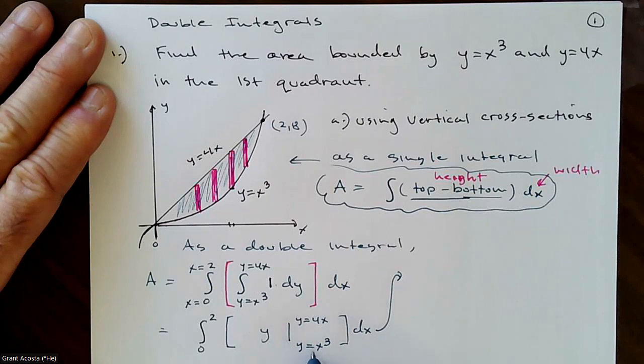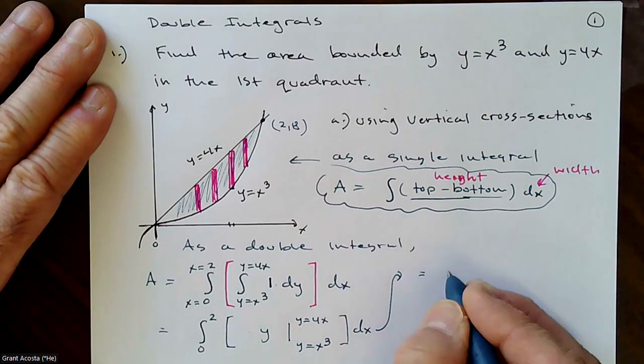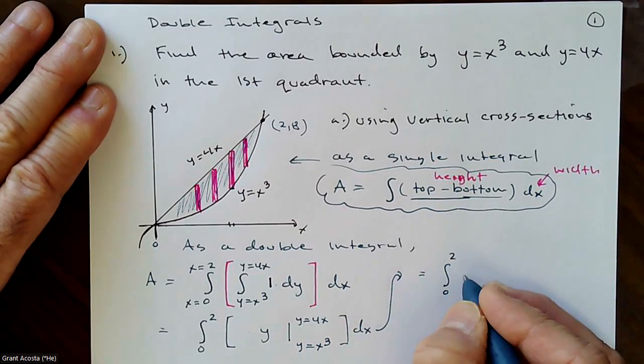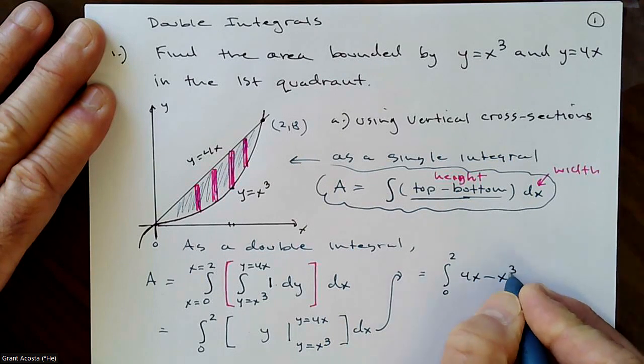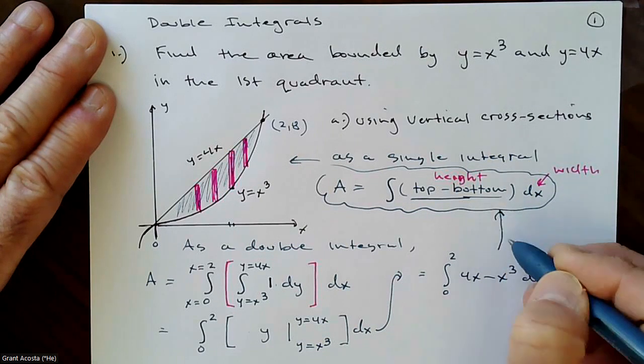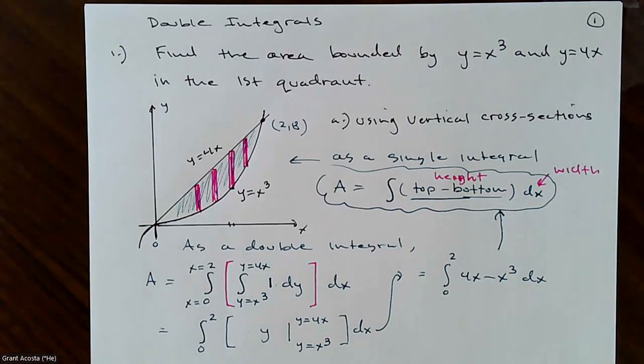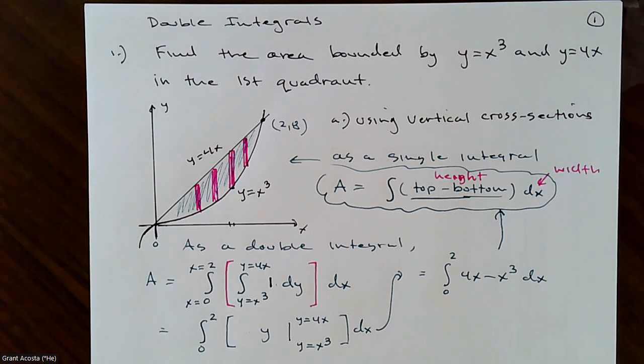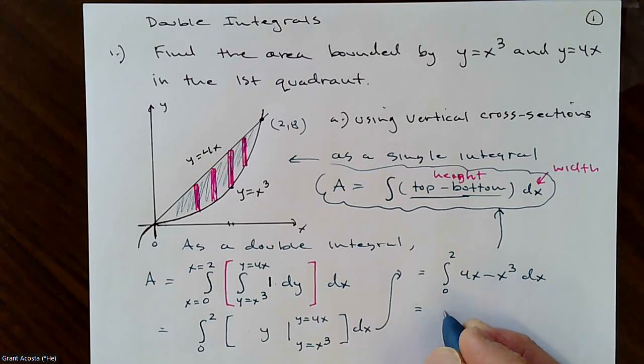If I put in the top limit minus the bottom limit, I end up getting 4x minus x cubed dx, which you can probably recognize that's exactly the setup we would have used if we had done this as a single integral, top minus bottom dx. We'll finish this one off.